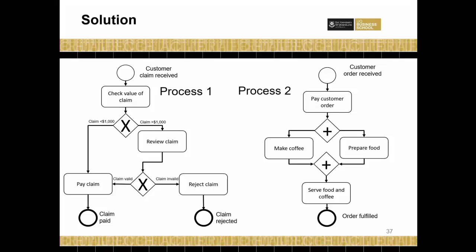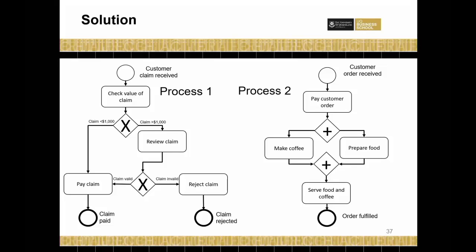And here the process customer pay, and you have two things that are happening at the same time, making the coffee and preparing food. And important here, if you have an opening of a concurrent path, so with a plus, you need to have a closing plus.